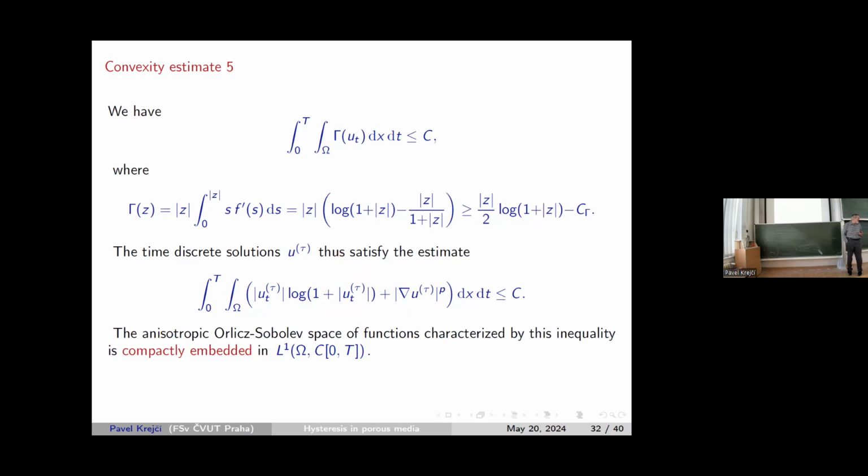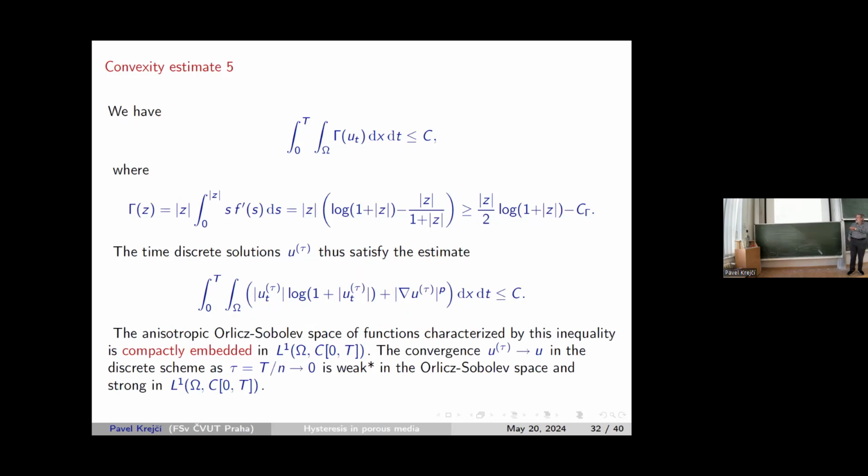And we are lucky because this space, satisfying this bound, is compactly embedded in the space L1 with values in the space of continuous functions. So there is a hope that we will be able to pass to the limit with hysteresis.